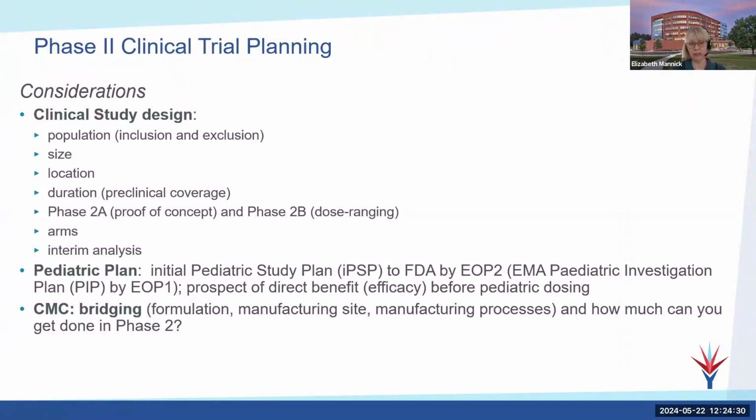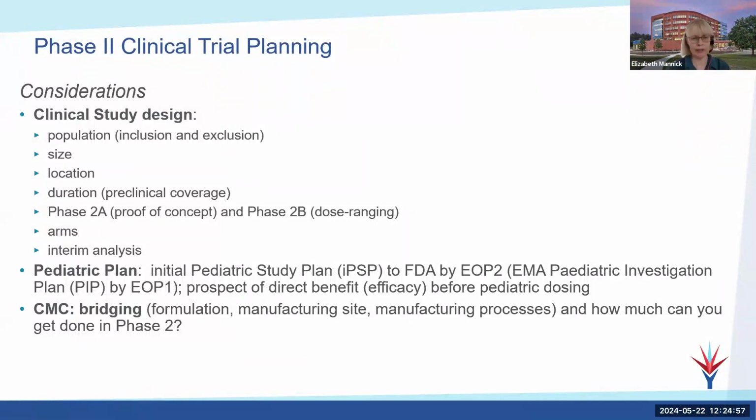So you need to be thinking about whether or not you're going to have juvenile tox studies. A lot of sponsors put adolescents into their phase 2B trials, which is great, but you need to show a prospect of direct benefit for pediatrics by showing efficacy in adults before you undertake pediatric dosing per FDA.